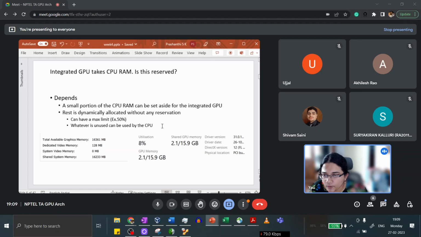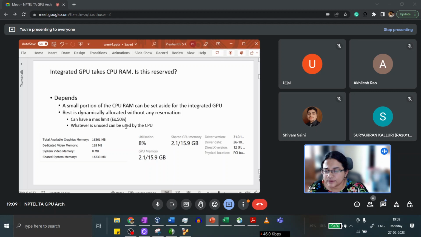Whatever is unused can be used by the CPU. The reason to not have a hard reservation is very simple. If 50% of the memory were just for my GPU, there might be applications where the CPU needs more than 50% and the GPU is not using up its quota of 50%. We don't want to run out of memory in those cases.